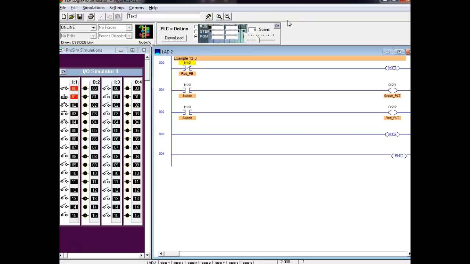So we want the MCR to be false. So that is right. Yeah. So we want it to be false when the input is closed. We don't want it to be true when the input is closed. Understand? Yes or no?